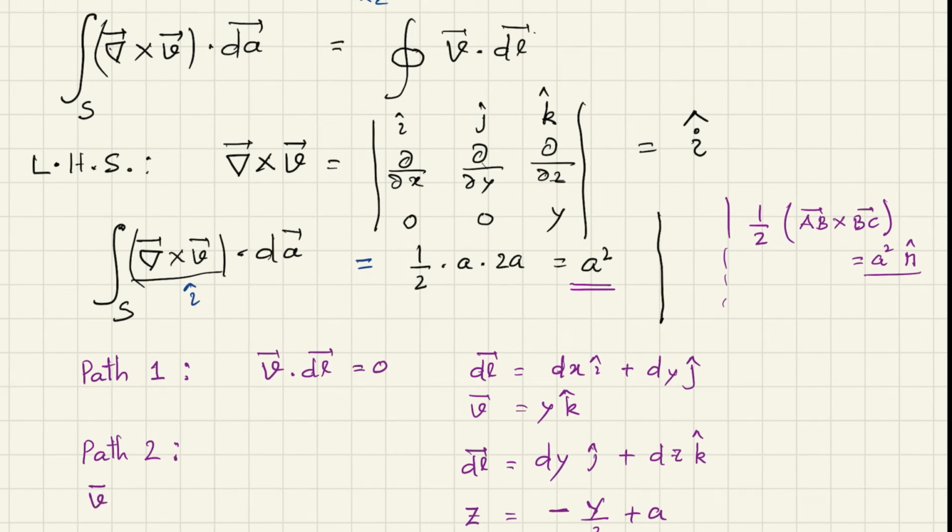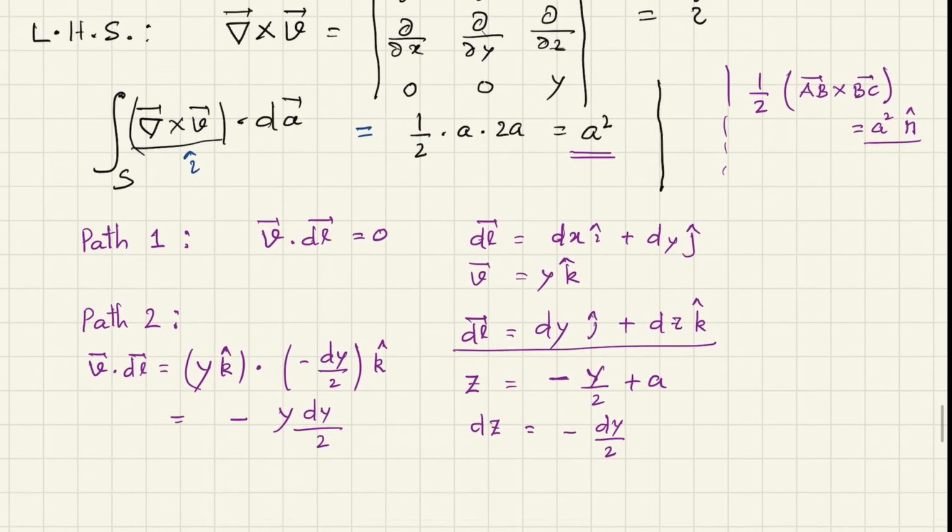So v dot dl would be y k dot dl, but I can replace dz by minus dy by 2, and the j term will go to 0. The only thing that will survive is minus dy by 2 k. So this is minus y dy by 2.